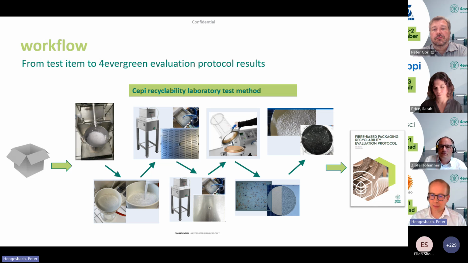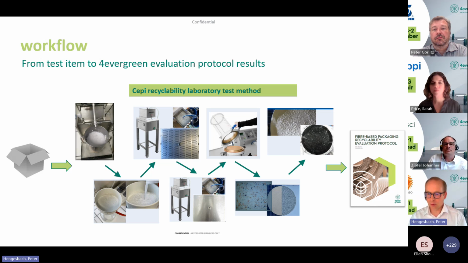Finally, from the accept of those screening stages you prepare sheets out of the pulp, which provide information regarding the optical cleanliness, so visual impurities, whether there are potentially tacky impurities in the pulp, or also adhesives, which you visualize and evaluate with some parameters.